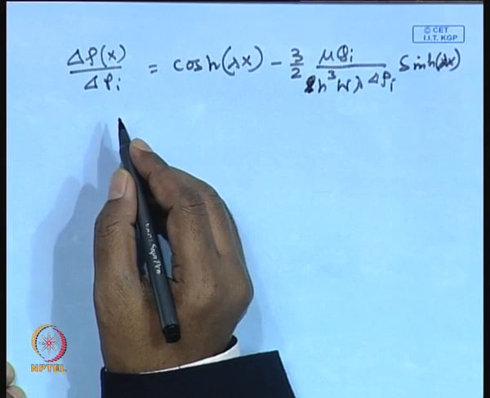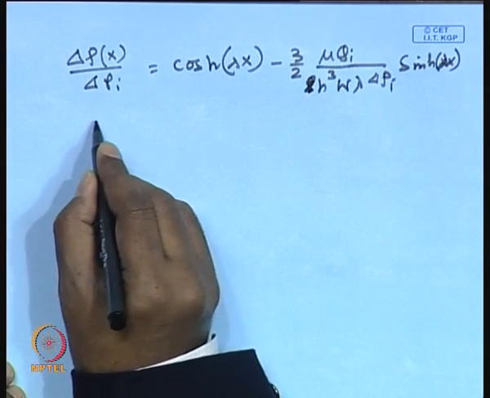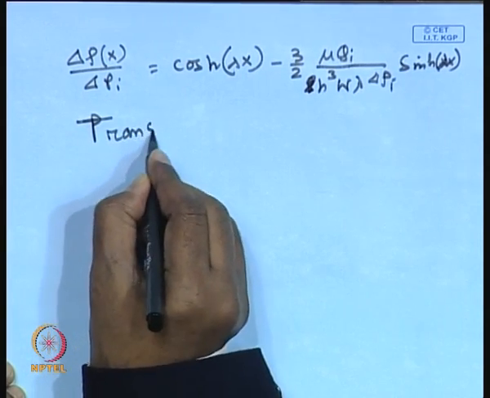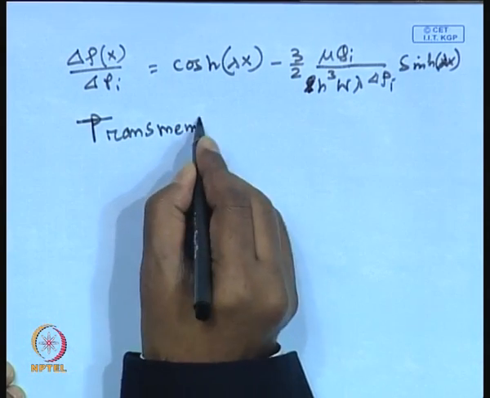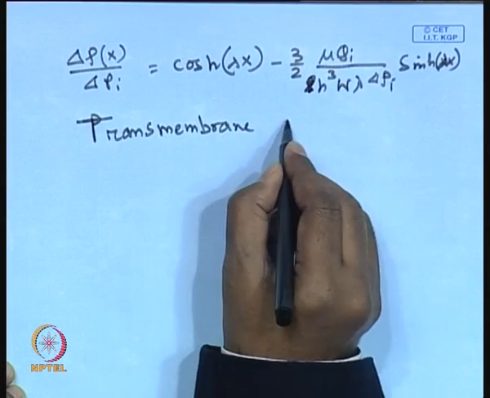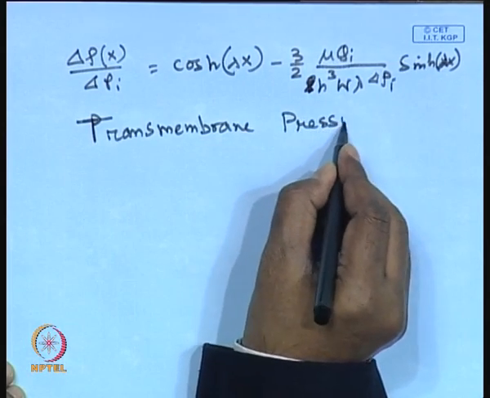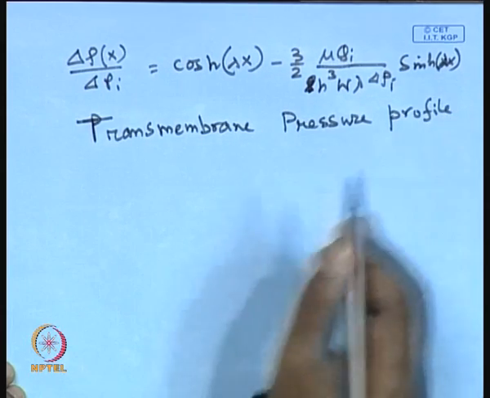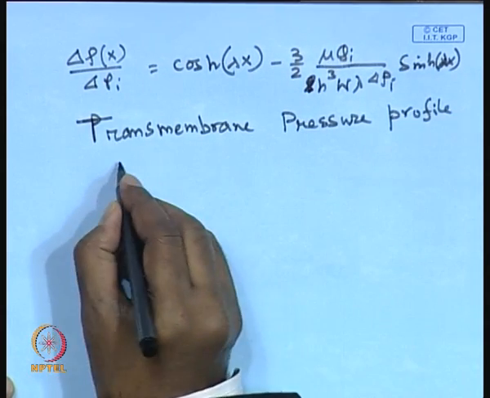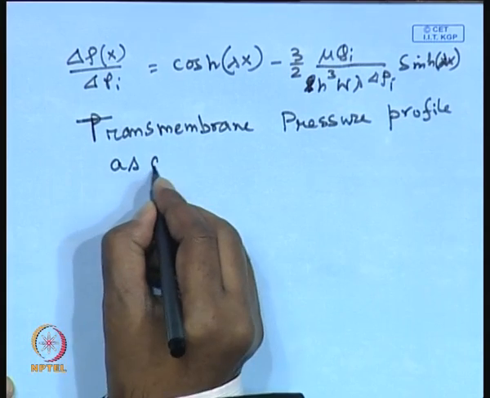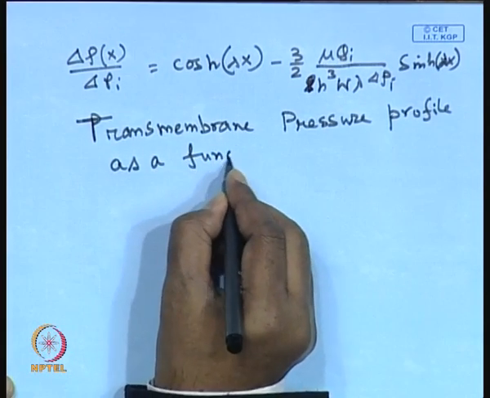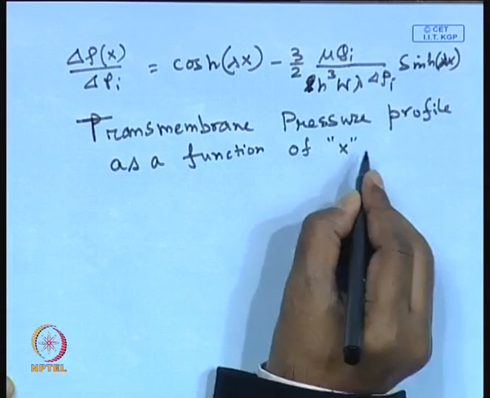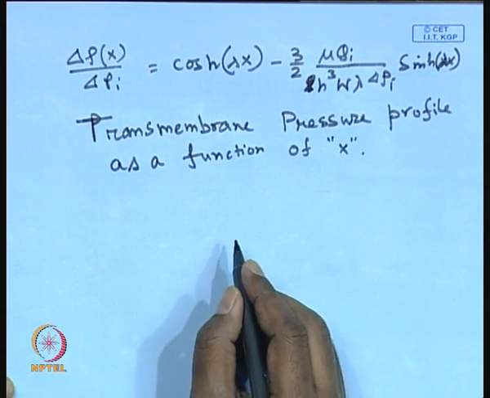This is the pressure profile, the transmembrane pressure profile as a function of x, as a function of axial distance.